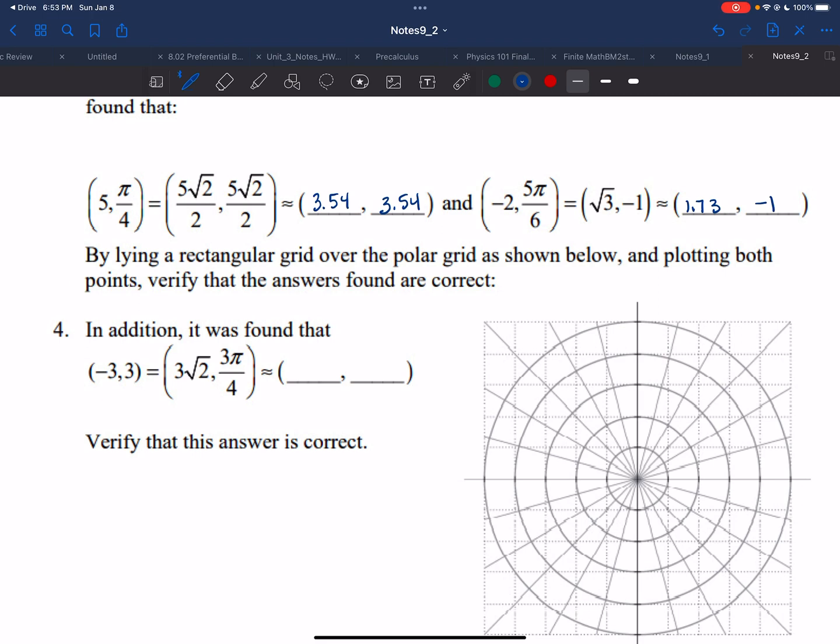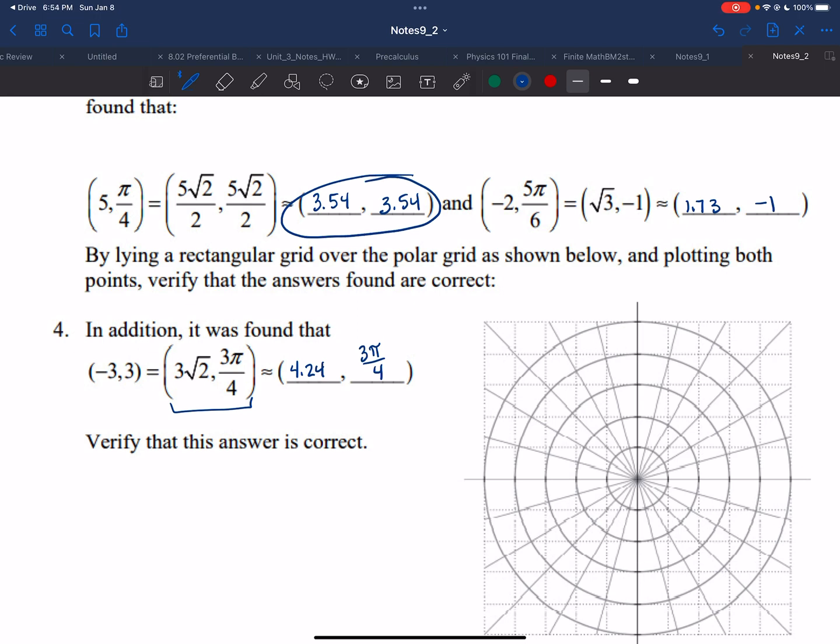So my rectangular version of that is going to be 4.24. Well, this is my rectangular, but I'm converting it into decimals. I'm going to keep 3 pi over 4 because that's actually a really easy thing to find on our grid. All right, these are all different colors, so I'm going to go ahead and do this first one.